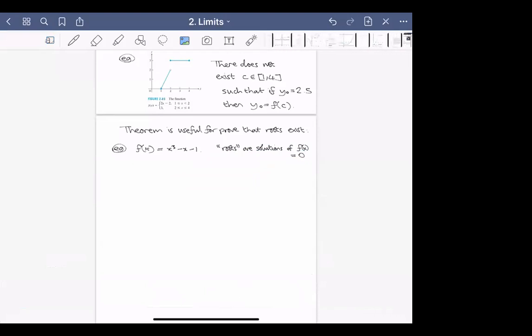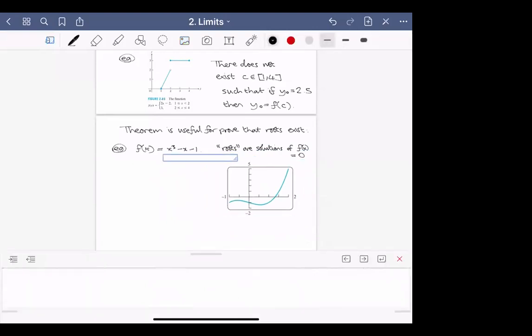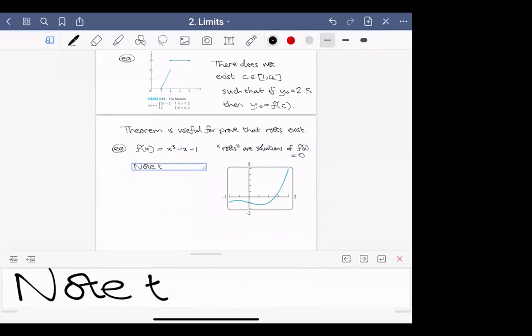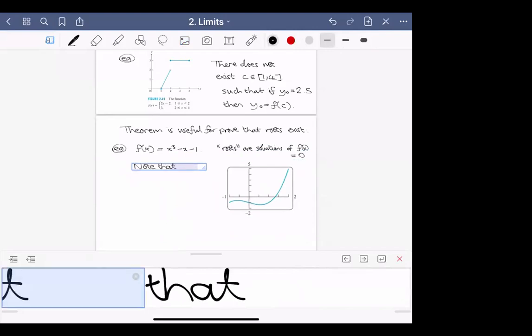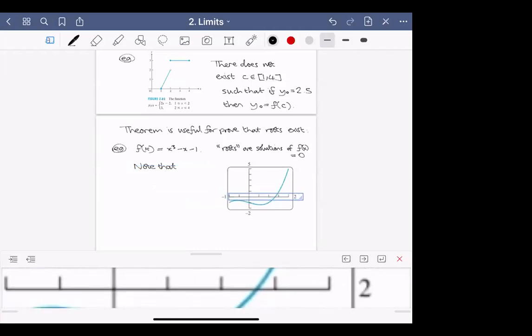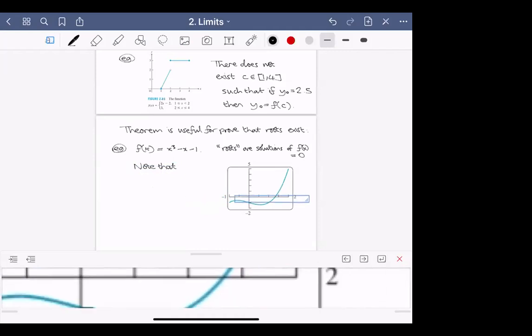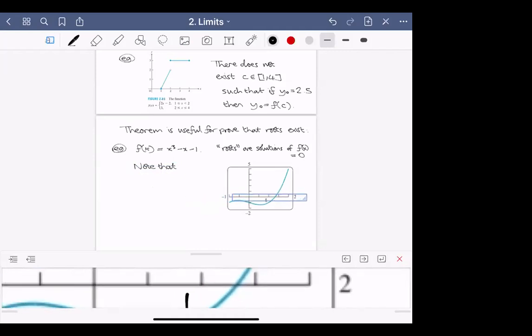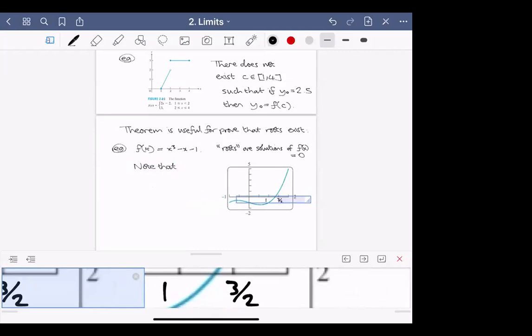So, I have a graph of this, yes. So let's note that from this graph, we see there seems to be a root between 1 and 1.5.